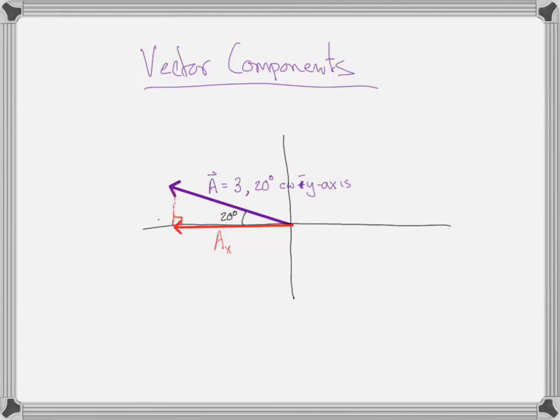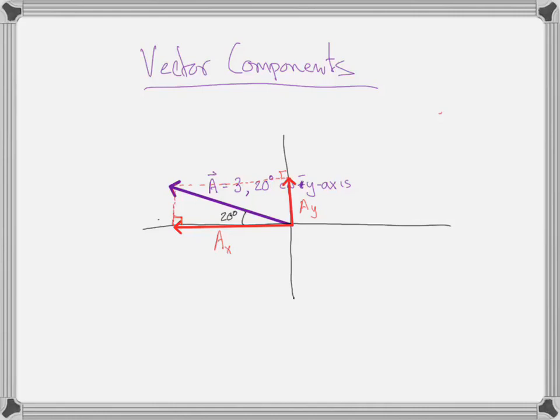The y component of the vector, we drop a perpendicular to the axis. So this is a perpendicular. And then we draw the vector that goes from the origin to where that perpendicular comes, and that is called the y component of the vector.